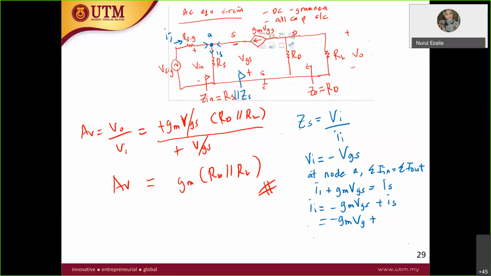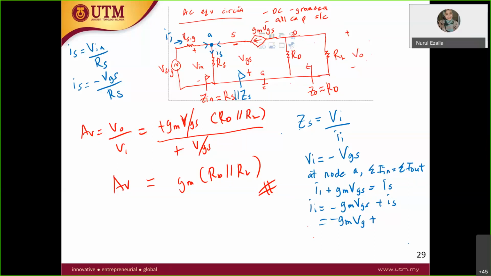Let's use V equal to IR. So IS is equal to the V in over RS. Since we want to simplify the equation, V in also is equal to negative VGS over RS.